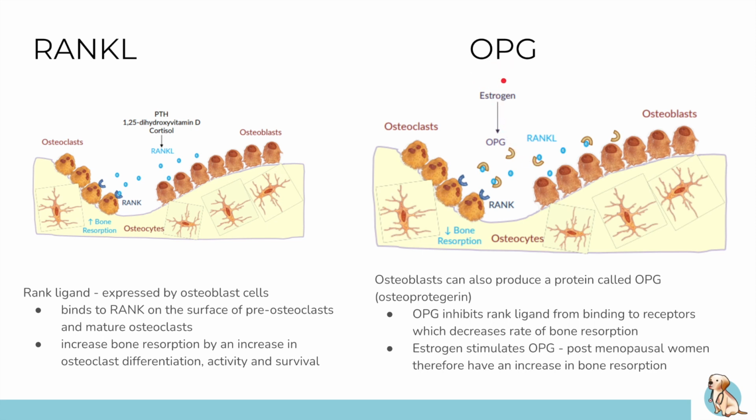Estrogen stimulates OPG, so the more estrogen, the less bone breakdown, because less RANK ligand from osteoblasts is binding to RANK on osteoclasts. This is why postmenopausal women with less estrogen have an increase in bone resorption, which is why they're more likely to have conditions like osteoporosis.